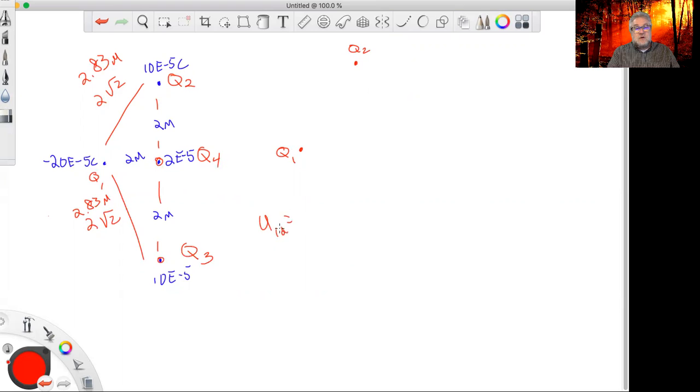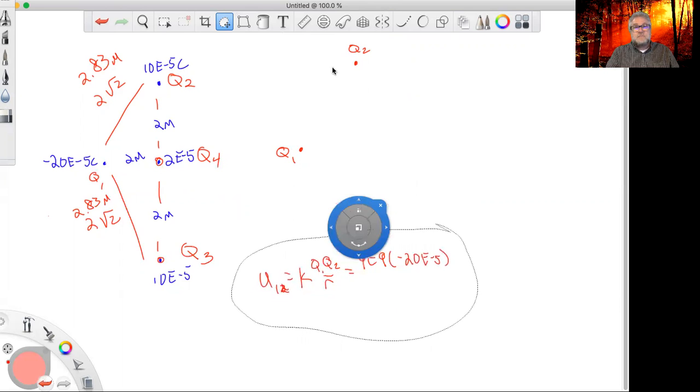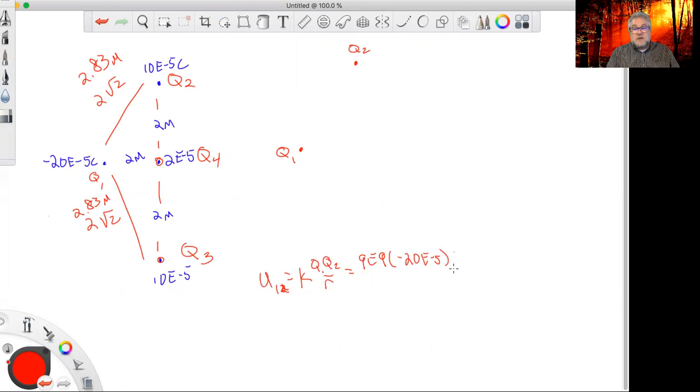U12 is going to be K Q1 Q2 over R, which is going to be 9 times 10 to the ninth times negative 20 e minus 5, times 10e minus 5, that's the positive charge, all over the distance between them, 2.83.